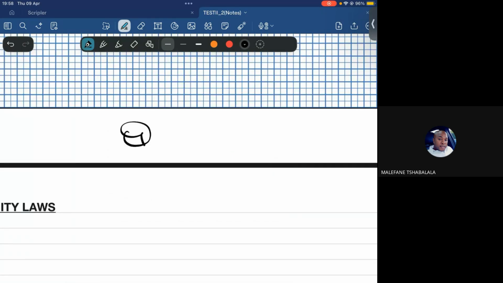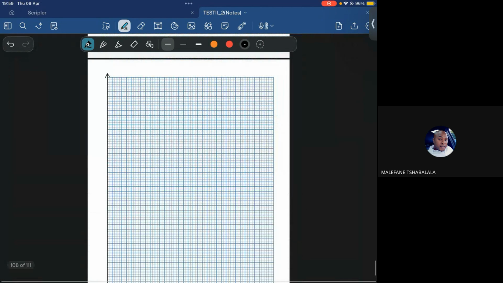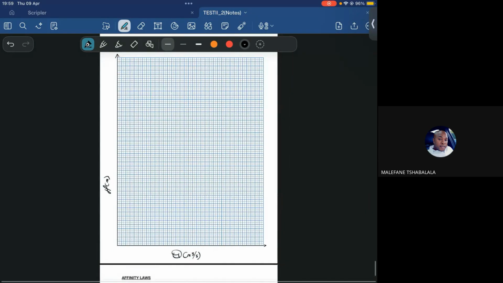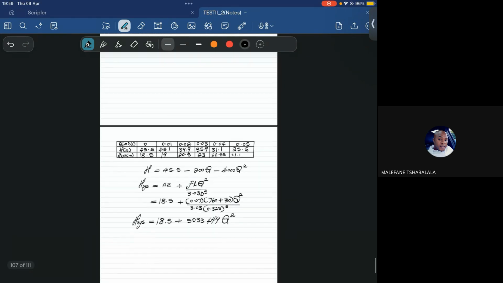So volumetric flow rate, of course, is in cubic meters per second. And then the head here is in meters. Please switch off your mic. So yeah, let's go back to this table.